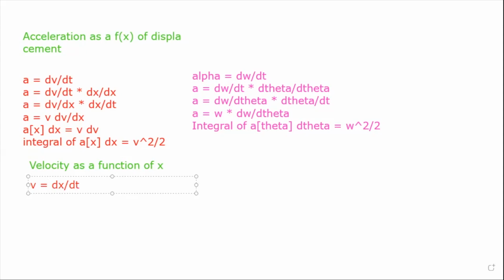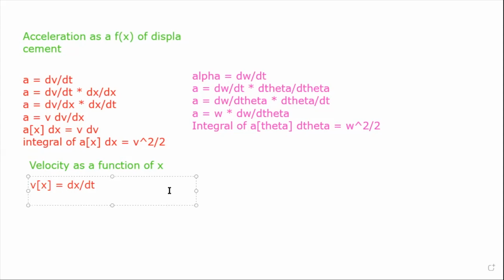Let's see, what can we do here? I don't want to multiply by anything that's going to cause too many problems. We are given v as a function of x, so what we can do is honestly simpler than what we did before.